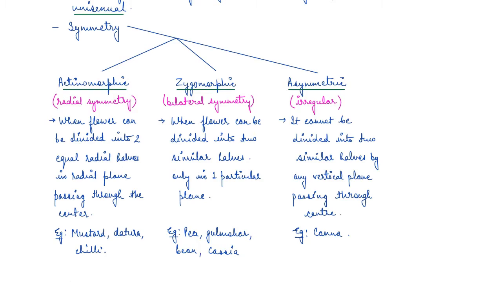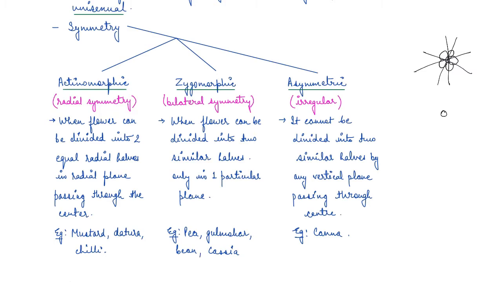So if you can divide a flower into two equal halves in any radial plane passing through the center, right? So through any plane, if you divide, say this is a flower, right? And I divide it through any plane, and it is always divided into two equal halves, then it is radially symmetrical.